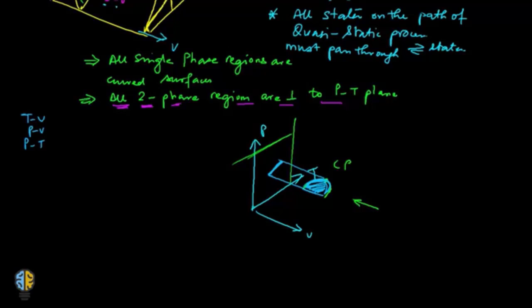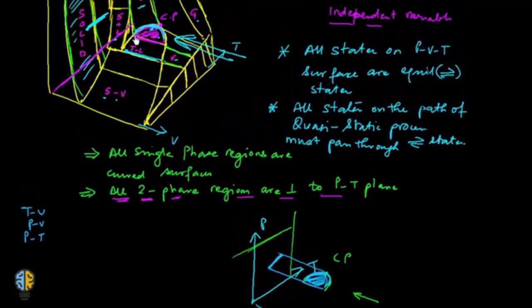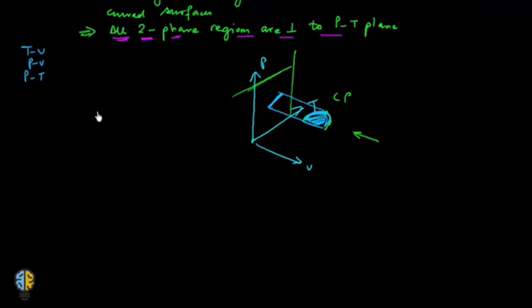If you redraw the PT diagram, with T and P, you had something like this, with solid, liquid and vapor.